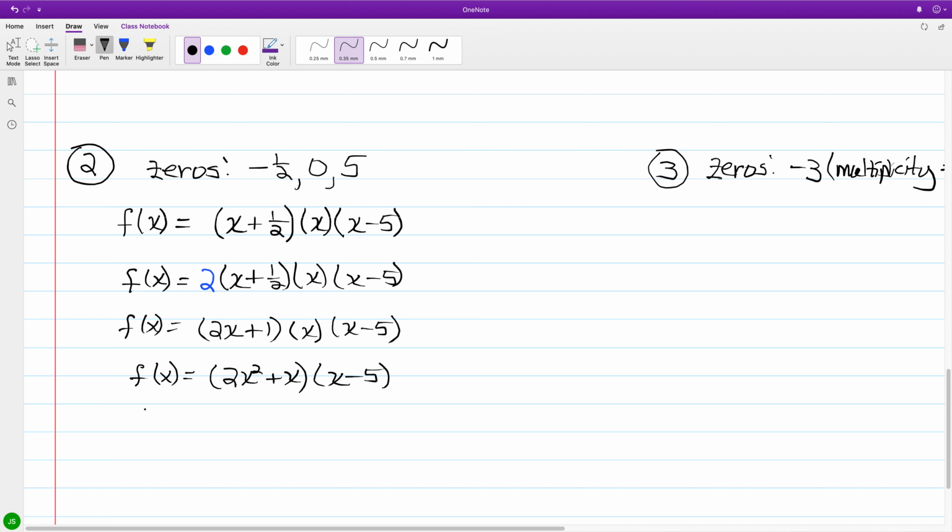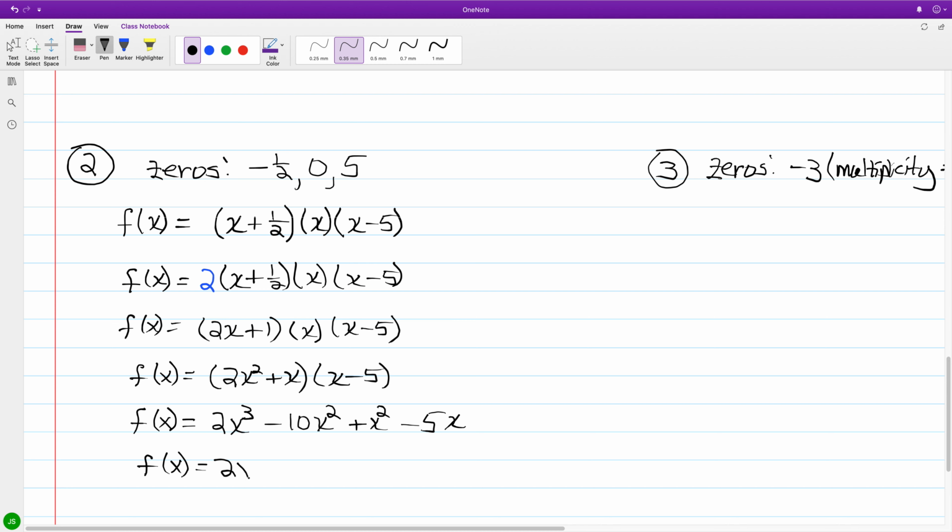Upon distributing, f of x is equal to 2x squared times x, which is 2x cubed, and then the outside product is -10x squared. The inside product is x squared, and x times -5 is -5x.